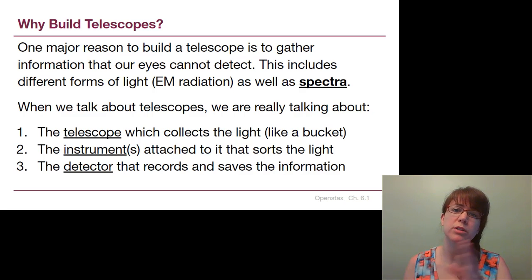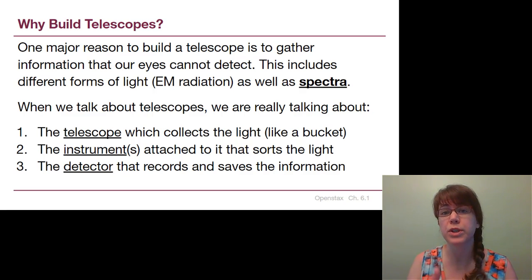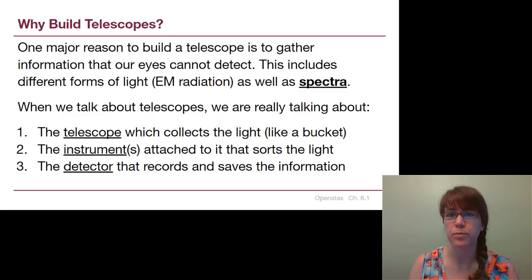If we think back to our discussion of Chapter 5 with all the different types of light, our eyes can only see the small range of wavelengths that we call visible light, but there's so much else out there that is being made by astronomical processes and helps us understand our view of the galaxy and beyond.